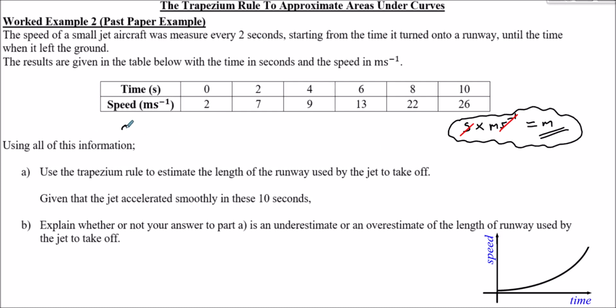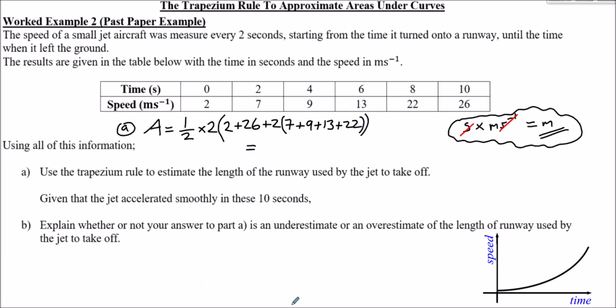So simple enough. For part A, the area is going to be a half multiplied by h. Now this time it's measured every 2 seconds, so you can see here, because the gaps are in 2's, h is just 2. So the speed at time 0 is 2. The final speed is 26. And I do 2 lots of the middle speeds: 7 plus 9 plus 13 plus 22.